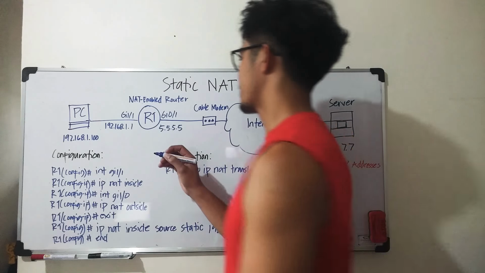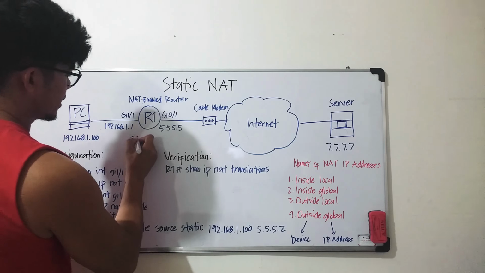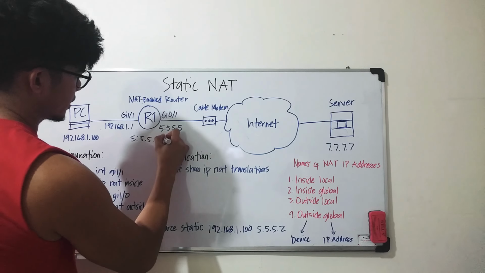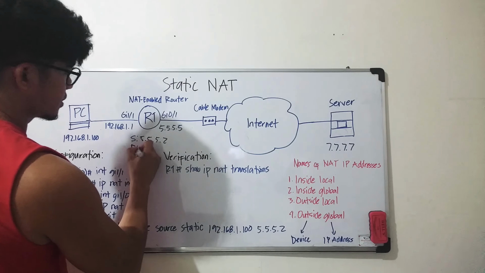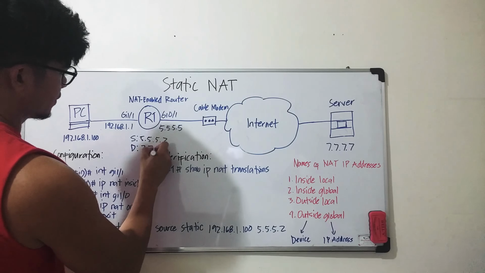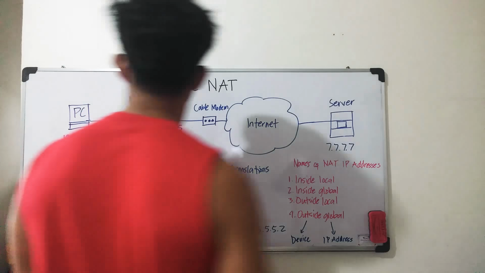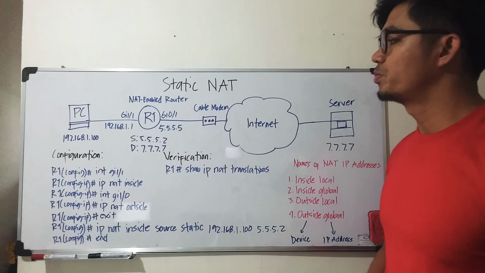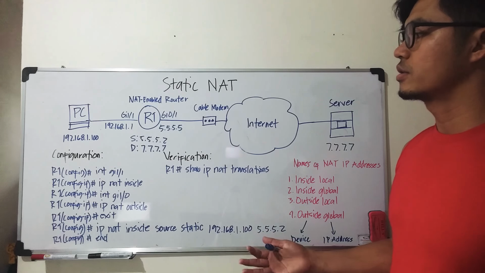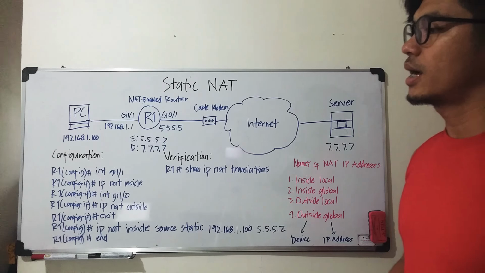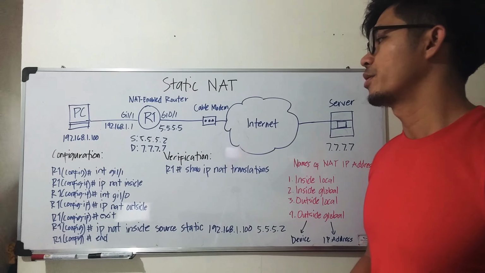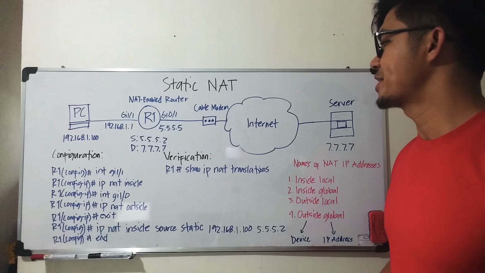So the source IP address will be 5.5.5.2, and the destination IP address will be 7.7.7.7. So it's now a public IP address, so it's going to be routable on the internet.